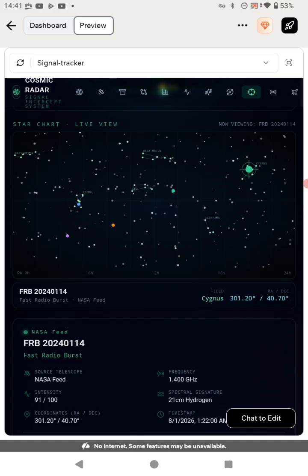And again, the coordinates are 301.20 over 40.7020 degrees. And then at the bottom is the timestamp. 8/1/2026 is 1:22 a.m. Okay.